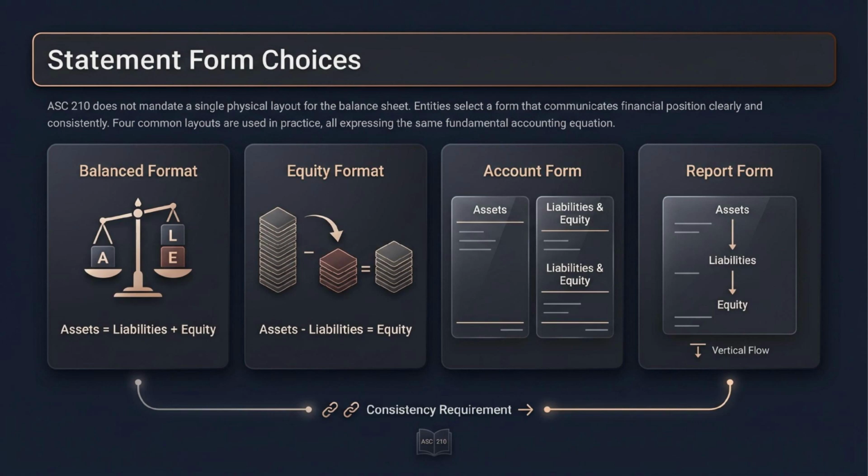The account form presents assets on one side and liabilities plus equity on the other side, almost like a traditional ledger view. The report form presents assets first, then liabilities, then equity in a vertical flow. The practical lesson is simple. The form can vary, but the logic must remain clear and consistent.